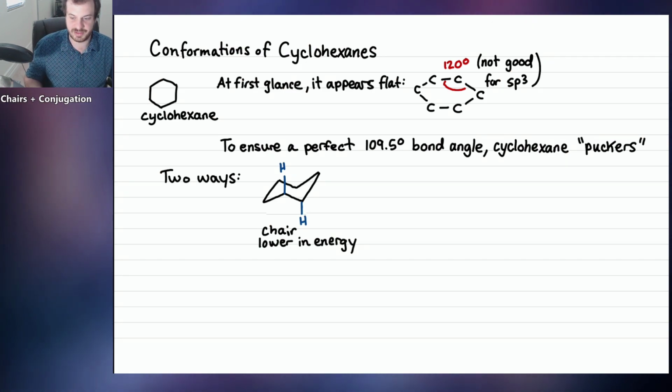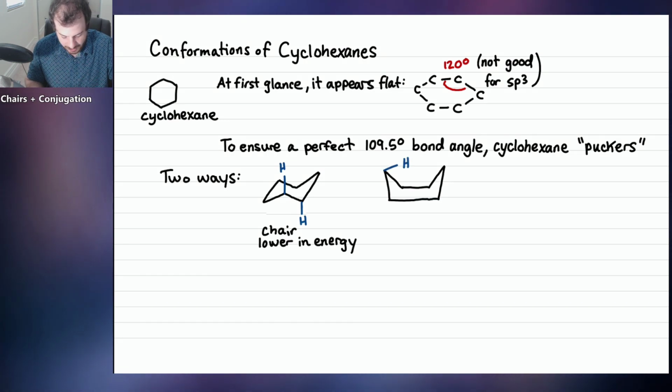There's another way that the cyclohexane can pucker, and it is called the boat. The boat looks like this. This is where the 2 ends of the cyclohexane kind of bend upward. And you can see in the boat, there's a few bad things going on. The hydrogens on the top carbons kind of bump into each other. They call those the flagpole hydrogens, like the flag on a boat bumping into each other.